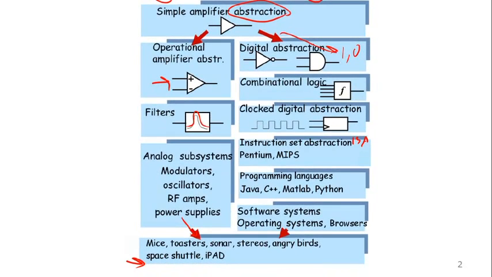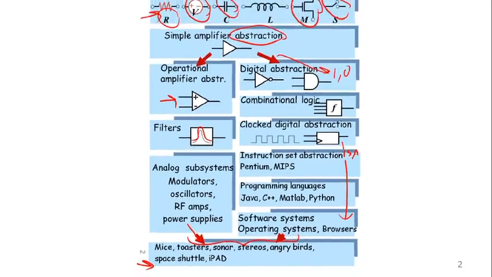And then we have this big combination where we take the subsystems we put together, both from the analog dimension, such as power supplies and so on, and pieces of computer hardware such as oscillators. And then from the digital side, we take both software systems and hardware systems like microprocessors and combine them. After we combine them, we end up with very interesting systems like games on your handheld devices or the space shuttle, for instance.